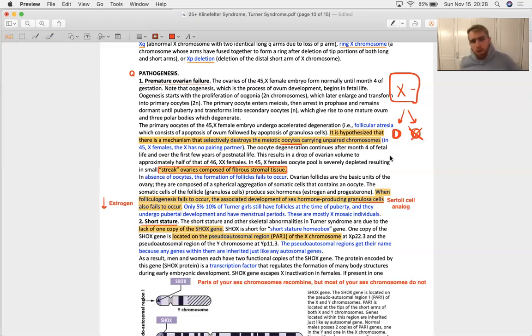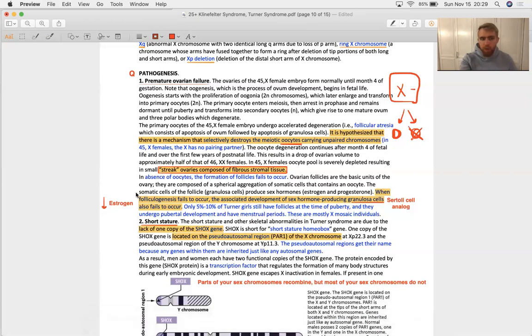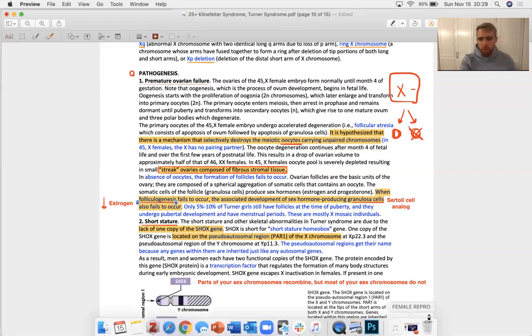Now, you'll see low estrogen in these patients because the growth of granulosa cells is dependent upon the successful growth of follicles, folliculogenesis.